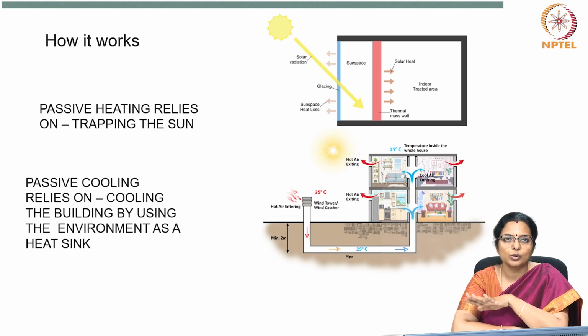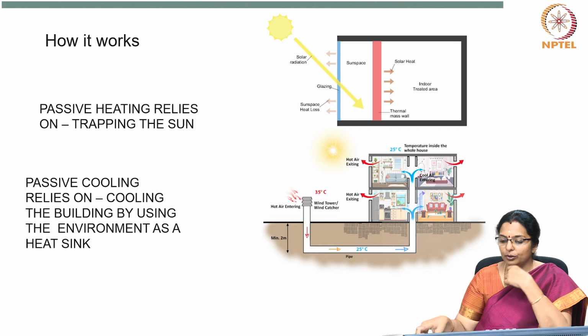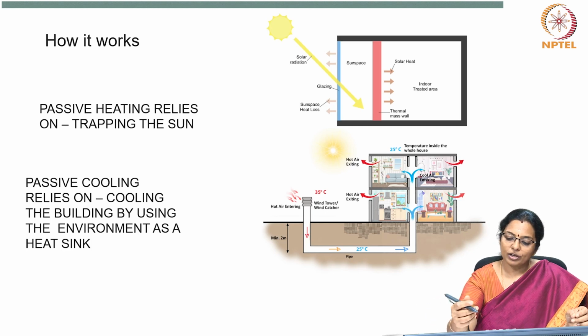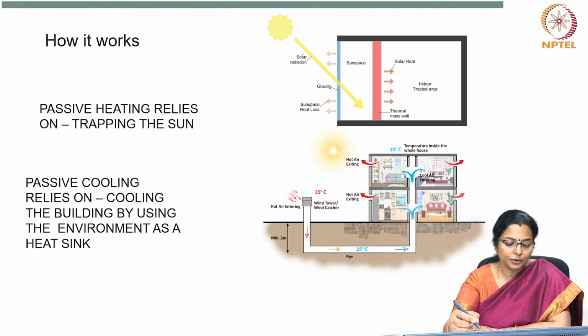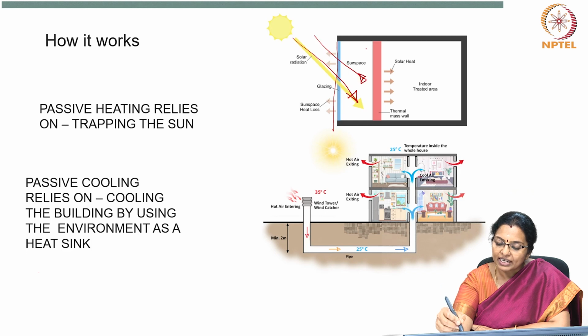Now, how does this work? So, passive heating relies on trapping the sun. Here you can see, in order to have passive heating, the glazing is oriented towards the solar direction, so it traps the heat in a sun space.